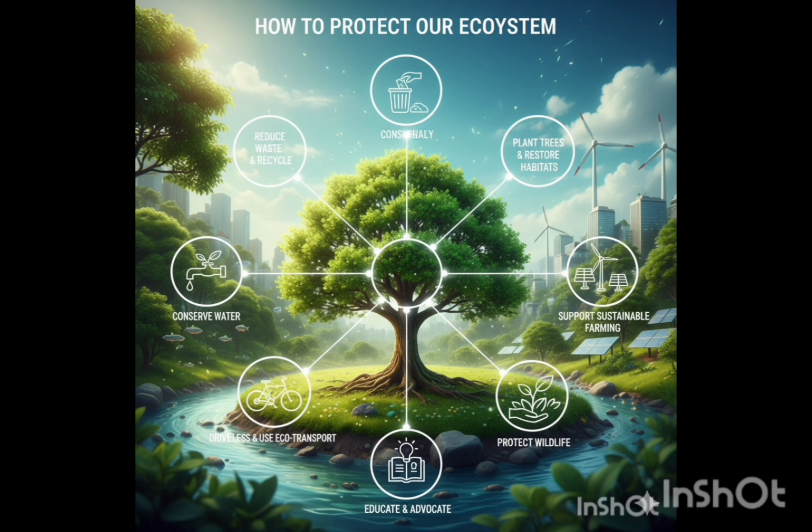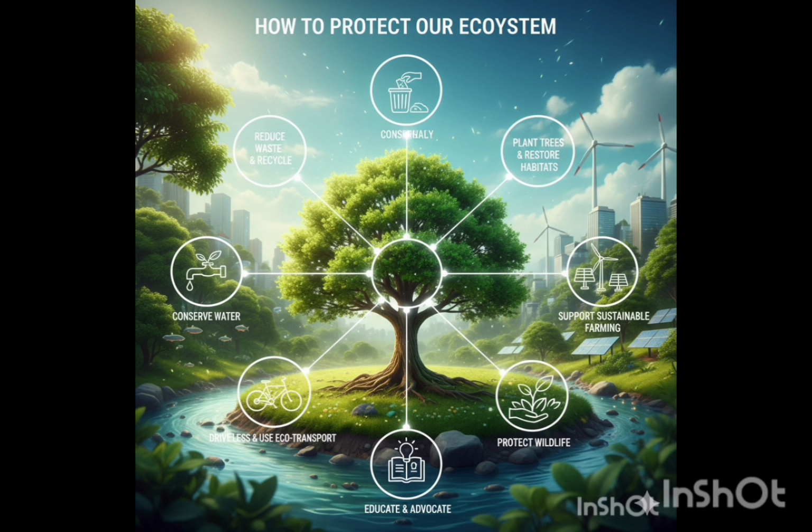So how can we protect our ecosystem? We can protect our ecosystem by planting more and more trees, that means afforestation. We can support sustainable farming. We can protect wildlife through sanctuaries and national parks. We can educate and advocate each other, and make awareness programs about this.